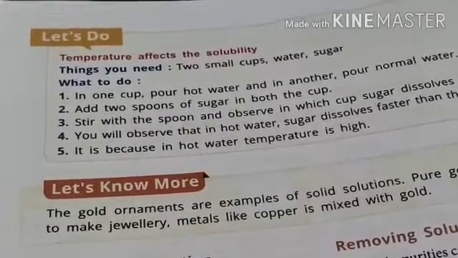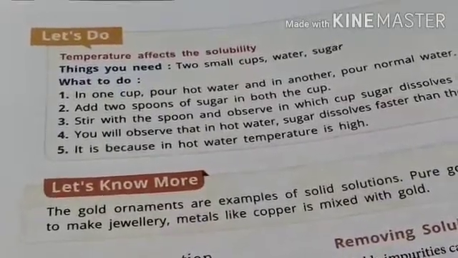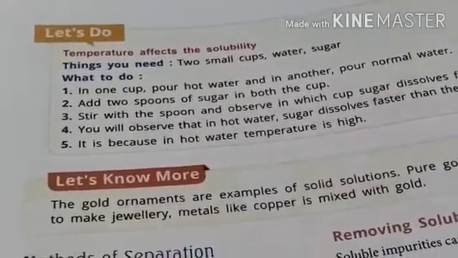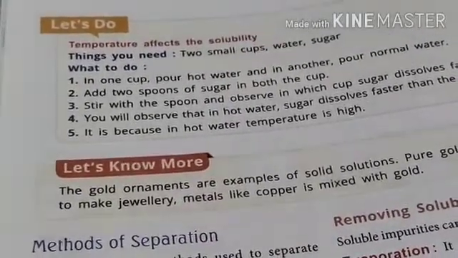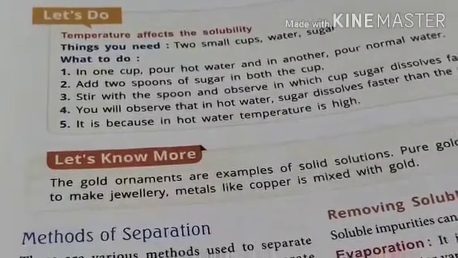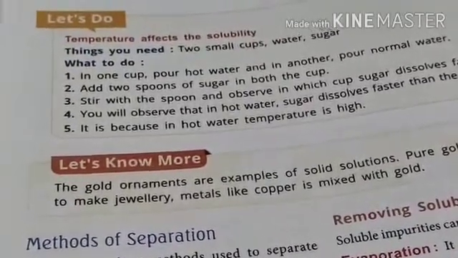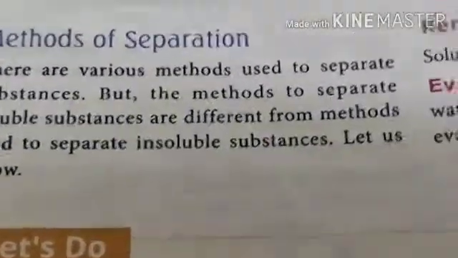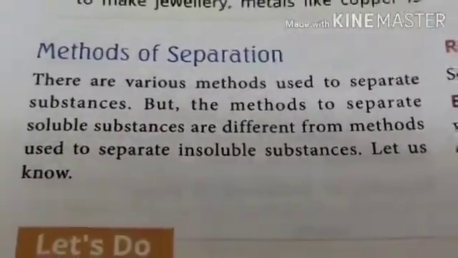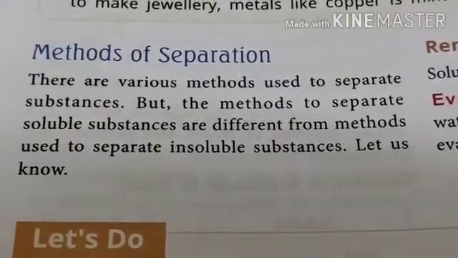We have to filter it. So now in the remaining part of the lesson, we are going to learn about the methods of separation of impurities. So children, here there are different methods to separate the impurities.